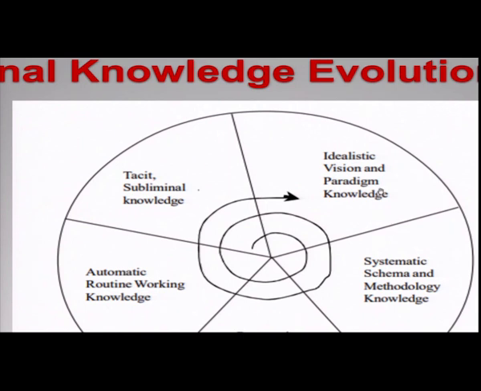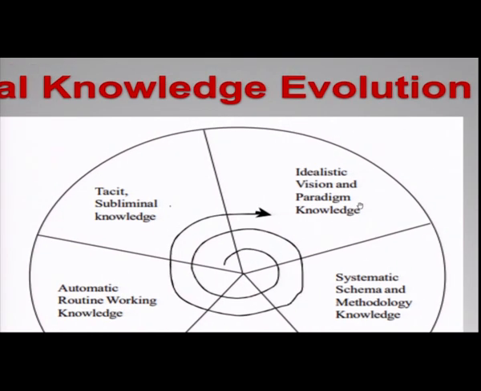Now, let us see a diagrammatic representation of the personal knowledge evolution cycle. When you are going to work on any kind of project, you are supposed to have a vision and a mission. Vision is a long term goal and it should be idealistic. So, before you have a vision, you need to have working practical experience, practical knowledge.